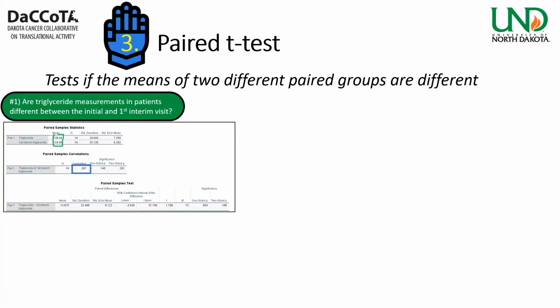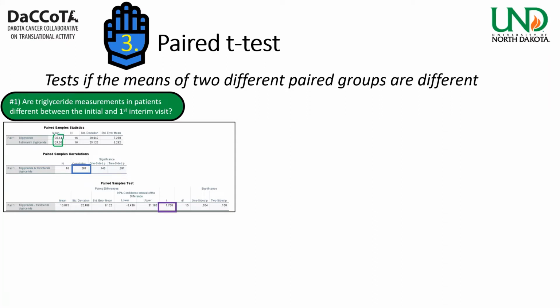But when we run that, one important thing that our analysis will pull out is correlation. It tells how correlated the two are to each other, and that can often be significant. And so there's fairly low correlation between the two.